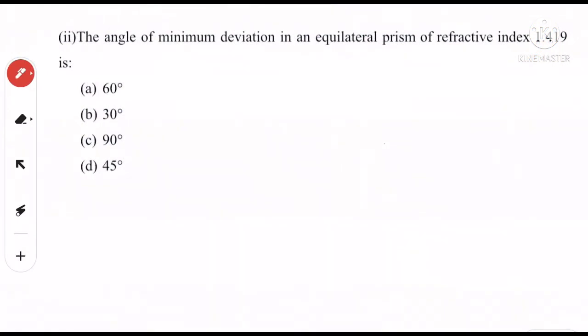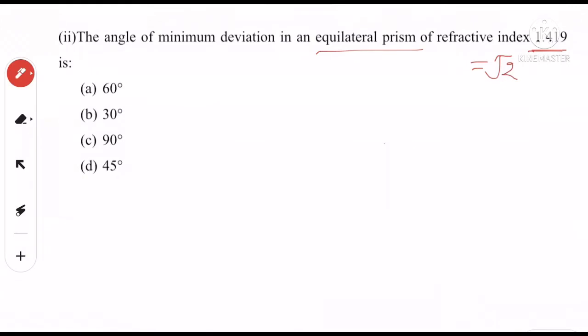Next one is, the angle of minimum deviation in an equilateral prism of refractive index 1.419. 1.419 is equal to under root 2, because the value of under root 2 is 1.419. So we have to find the angle of minimum deviation in an equilateral prism.